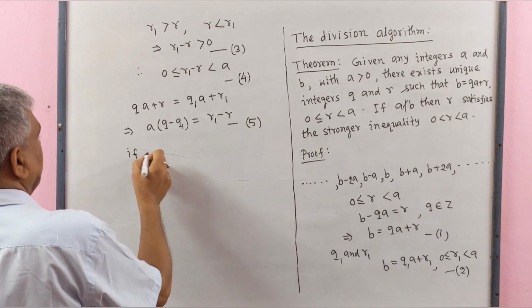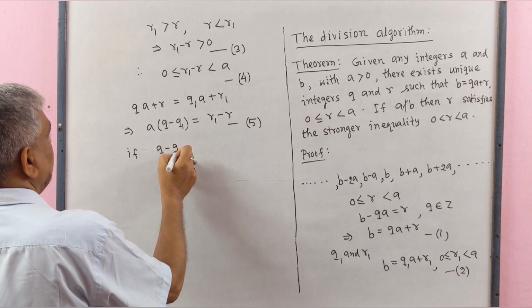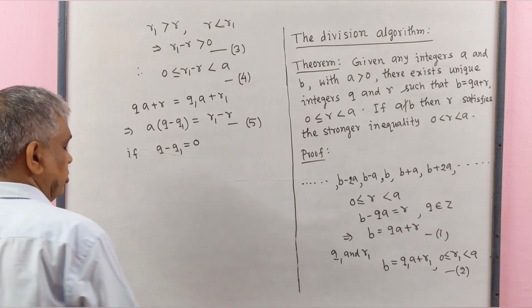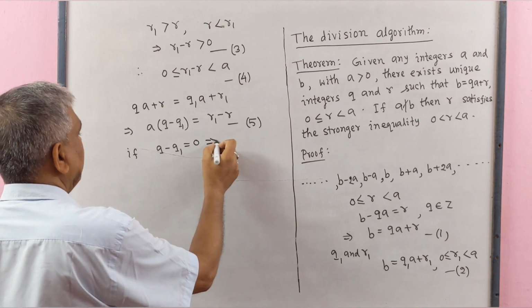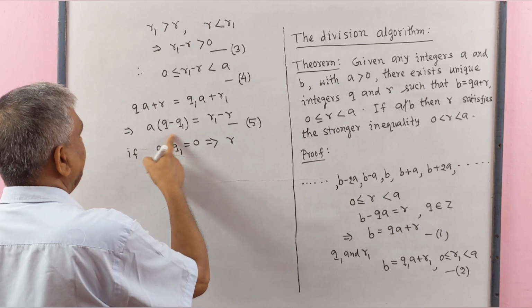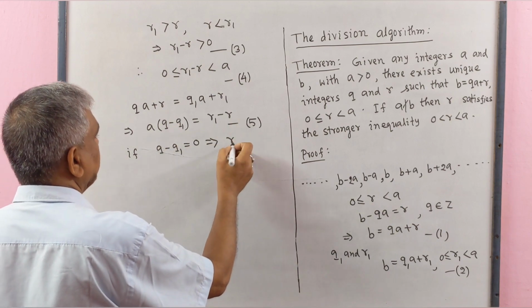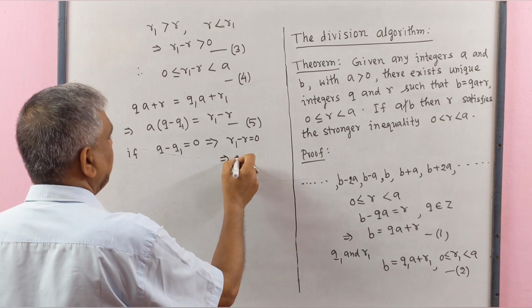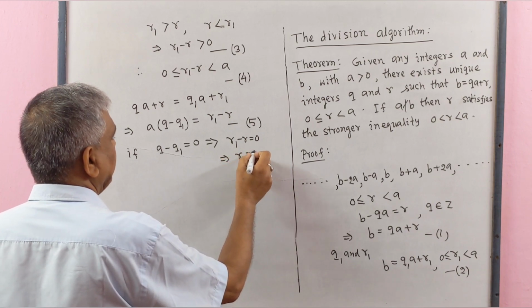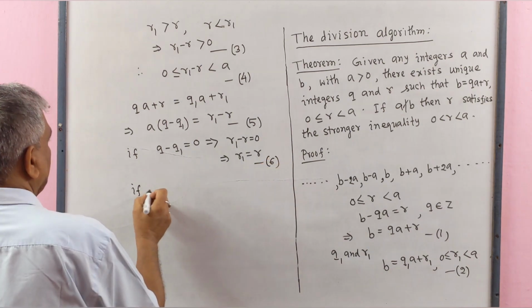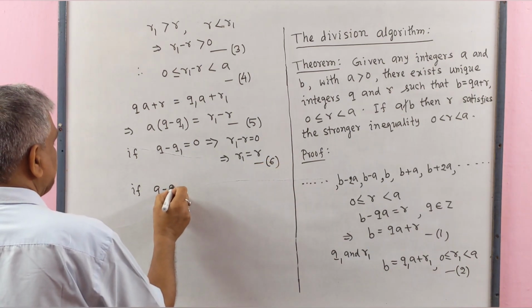If Q minus Q1 equal to 0, then the left side is 0, so the right side is 0: r1 minus r equal to 0, which implies that r1 equal to r. This is number 6.